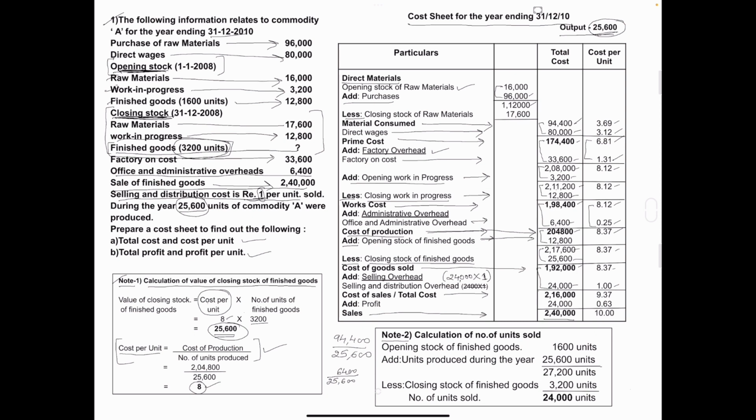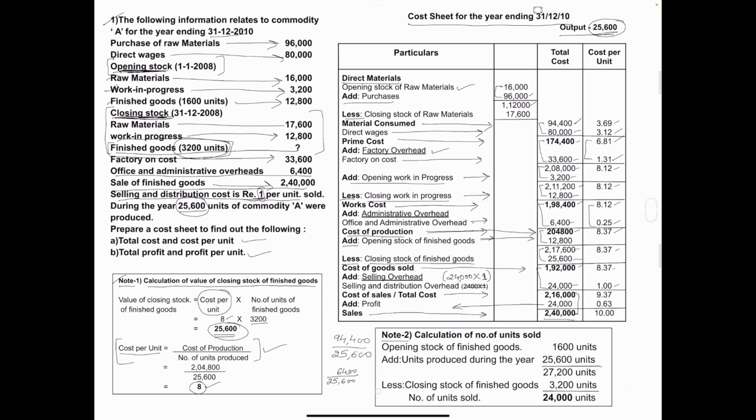So write here sales 2,40,000, from 2,40,000 minus 2,16,000. Okay, we have to get profit amount, no? So for that what we have to do? From 2,40,000 minus 2,16,000 and you will get 24,000 and this is the profit.